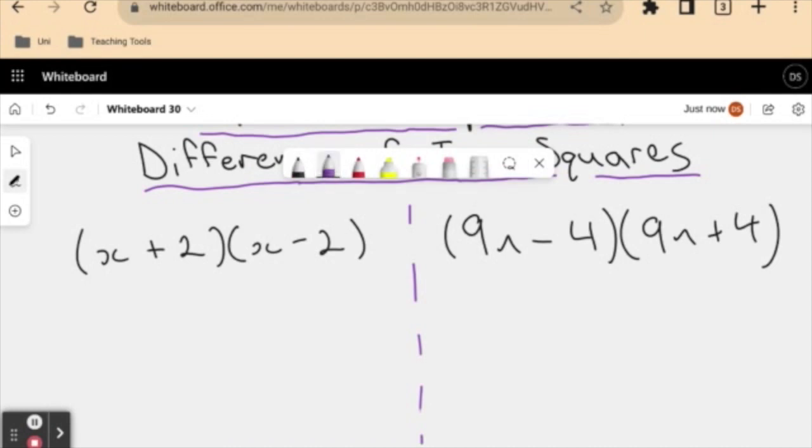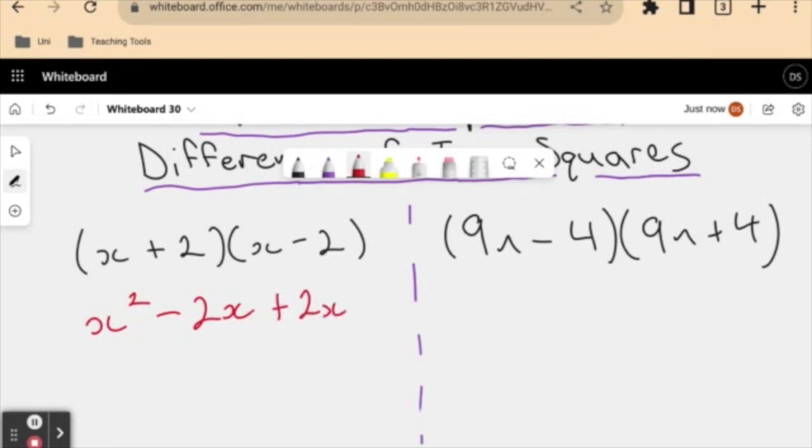But what I'm going to do here is, once again, expand. So we looked at the FOIL method and this idea before of all of our elements of each binomial interacting with the other. So we're going to first look at the first ones. So x multiplied by x will give us x squared, and x multiplied by negative 2 should give us negative 2x. And then positive 2 multiplying by x will give us positive 2x.